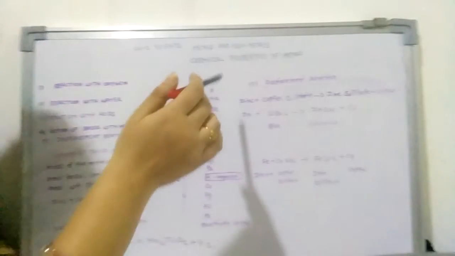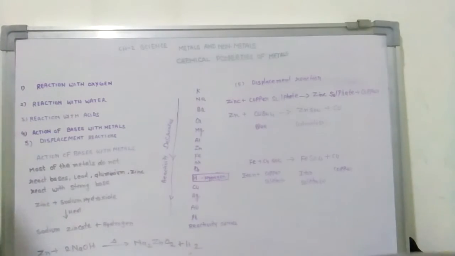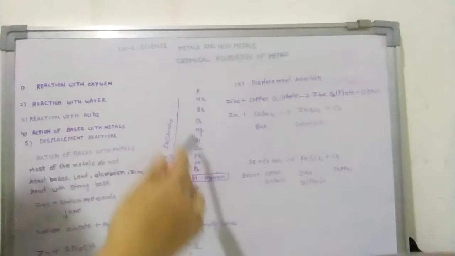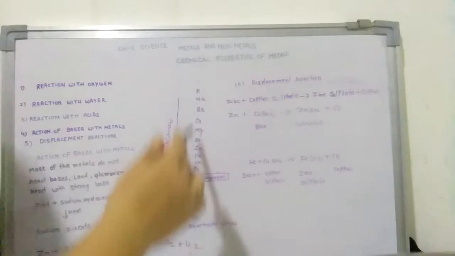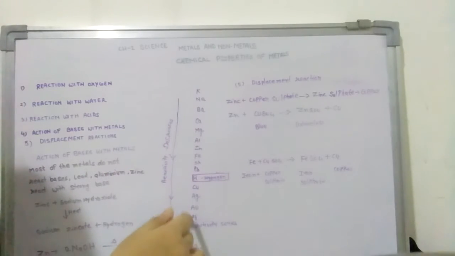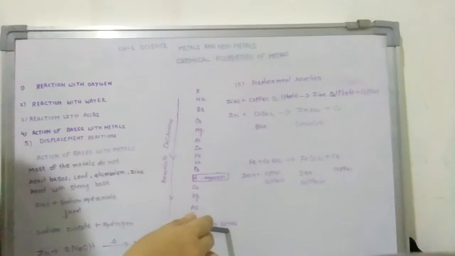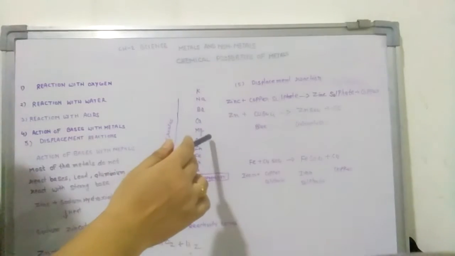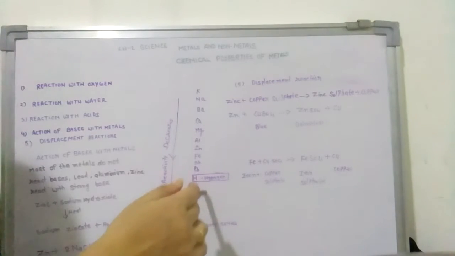It is today's homework. So displacement reaction: in this way, we have seen the metals react with air and water at different rates. Depending on this rate, we can arrange the metals in order such that the most reactive is placed on the top of the series and the least reactive metal is placed at the bottom of the series, and this series is called the reactivity series. The metal on top in the series can displace a less reactive metal from its salt.